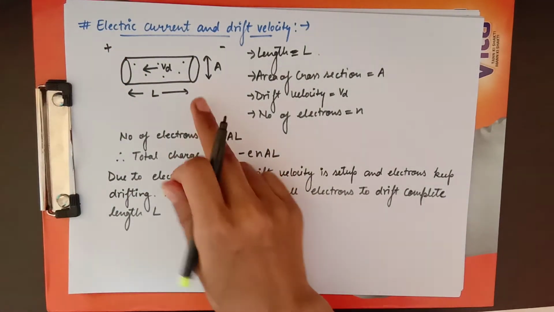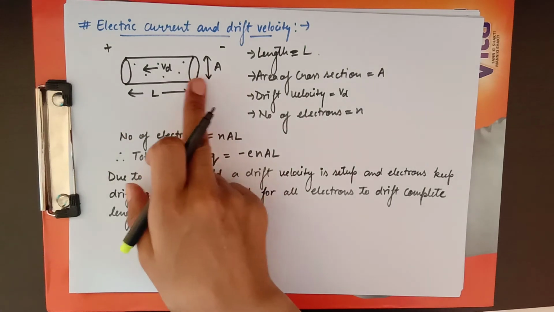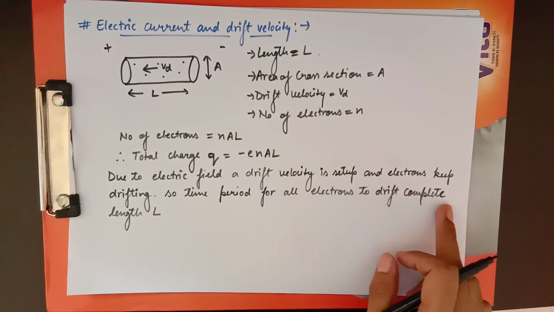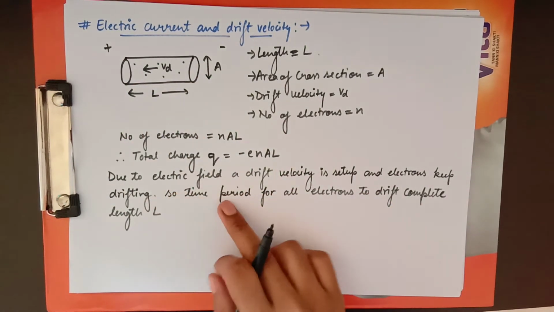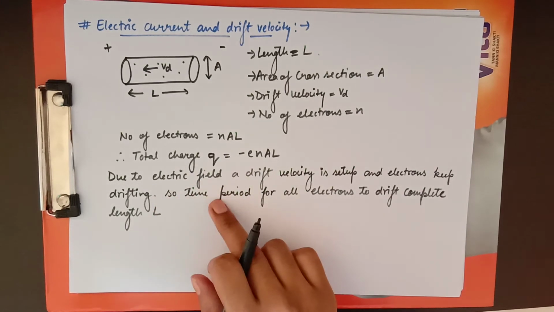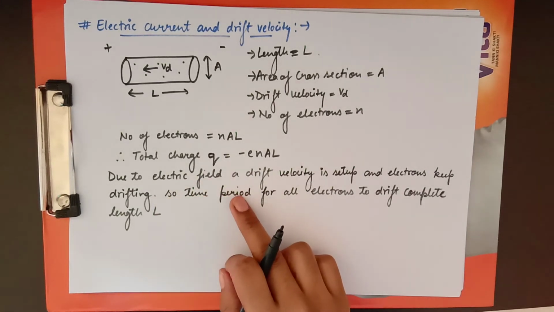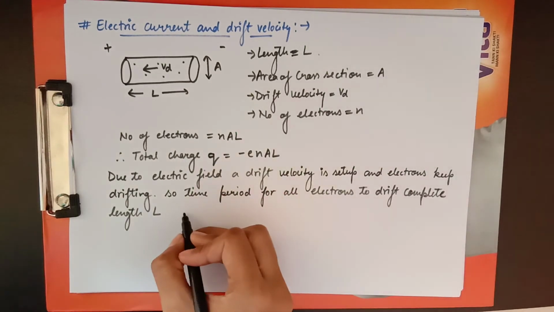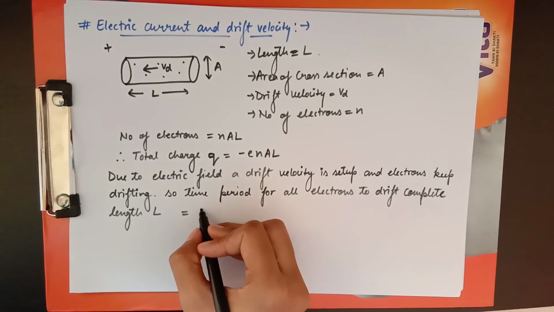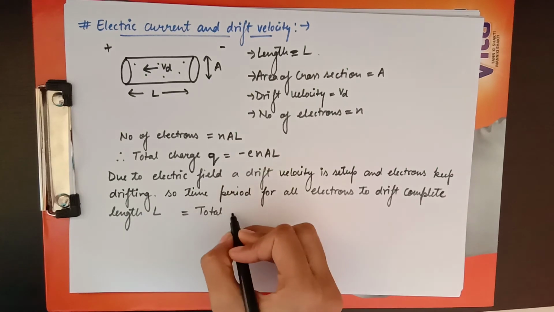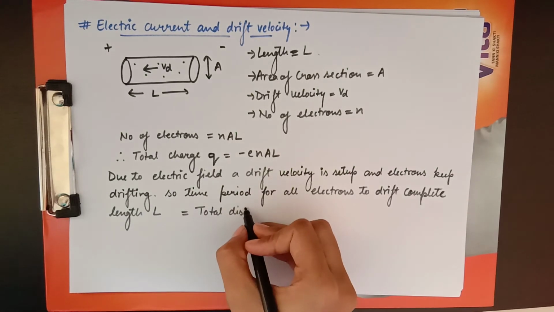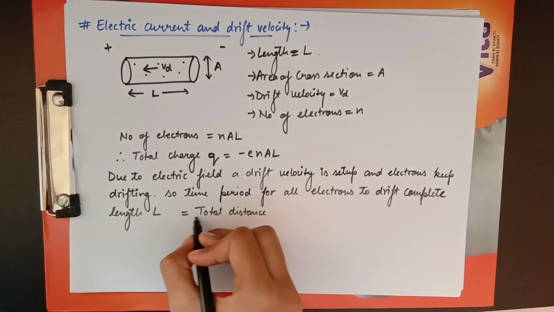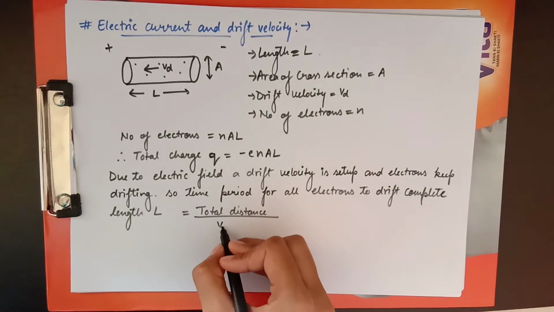So the time for electrons to drift the complete length L will be equal to total distance divided by velocity.